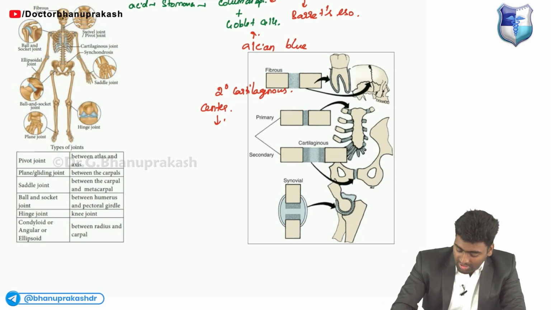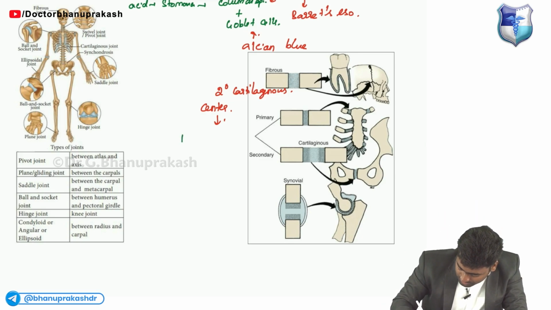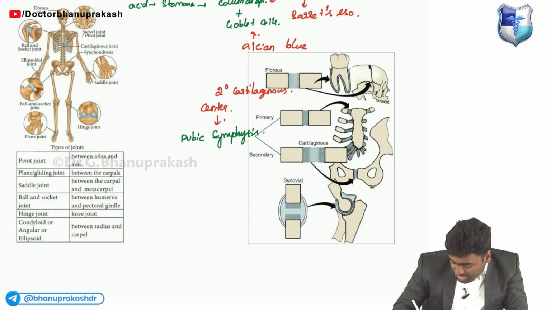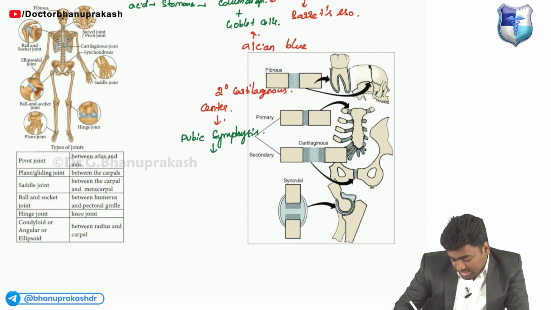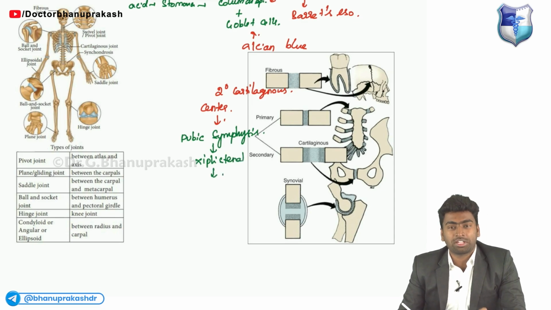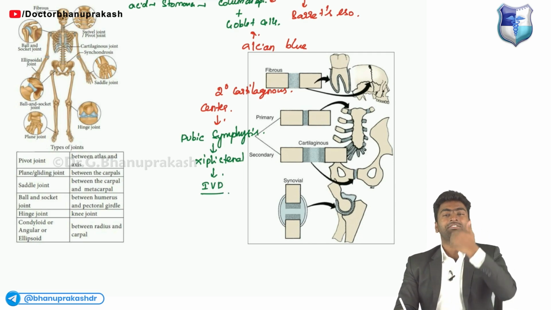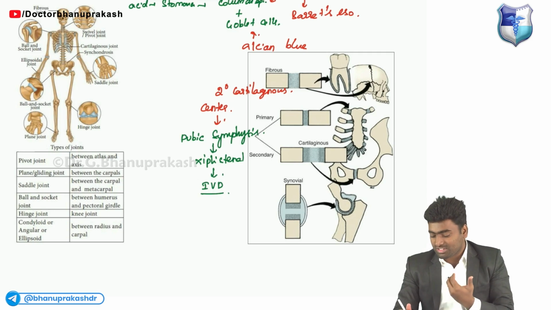For example, our pubic symphysis, and then our xiphisternal joints, all the sternal joints, especially on the center, like the xiphisternal joints, and our vertebral discs, the intervertebral discs. All of these lie at the central point. So they are secondary cartilaginous joints, right?